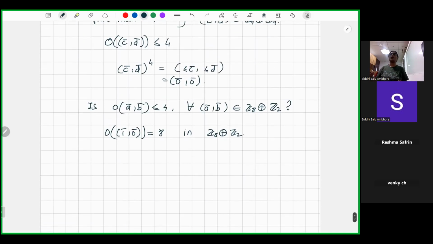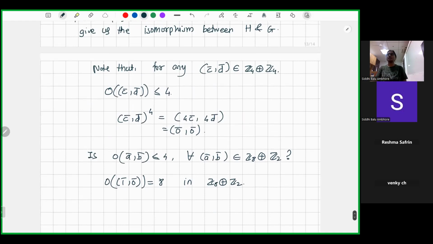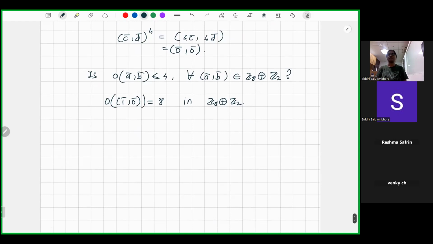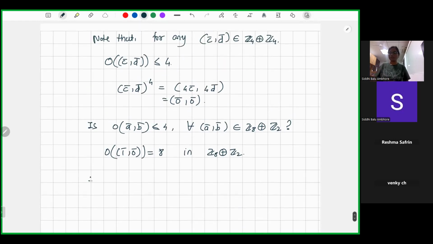The maximum order of any element in Z4 direct product Z4 is 4, but that's not the case here. So therefore, this is not an isomorphism, and that's why we won't have any surjective map, because we saw that if I have surjectivity, because of cardinality I will have an isomorphism, but the isomorphism is not possible because of the order argument which we just gave.